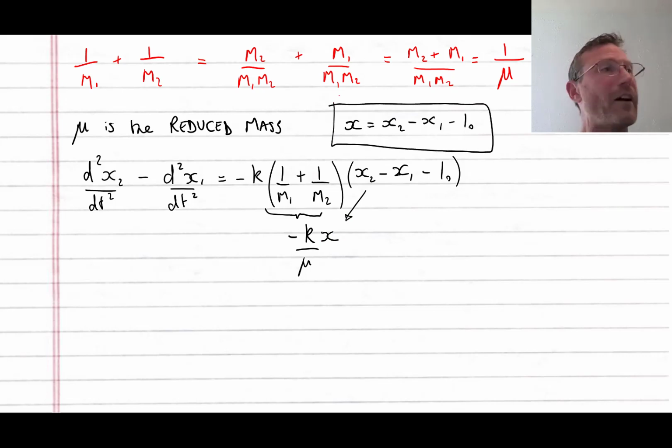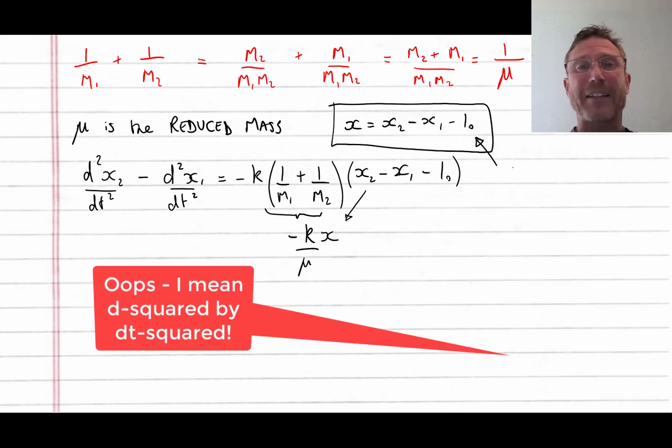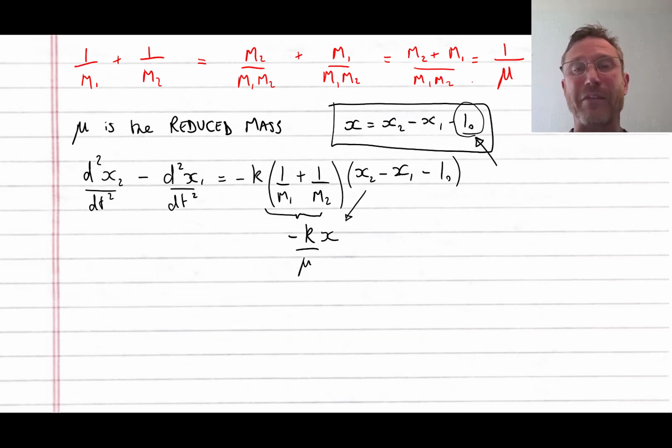And over on the left-hand side, don't forget, if we take the second derivative of this expression, because the operator d squared by dt squared is linear, and also if we take the derivative of a constant, we're going to end up with 0.